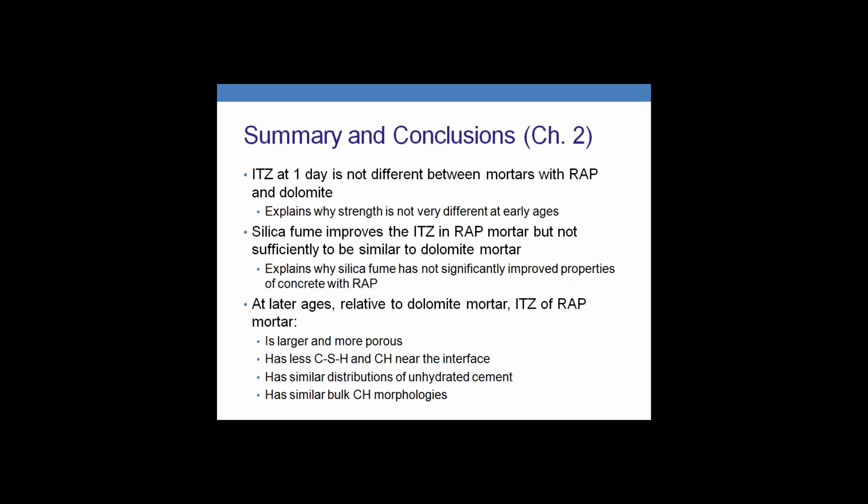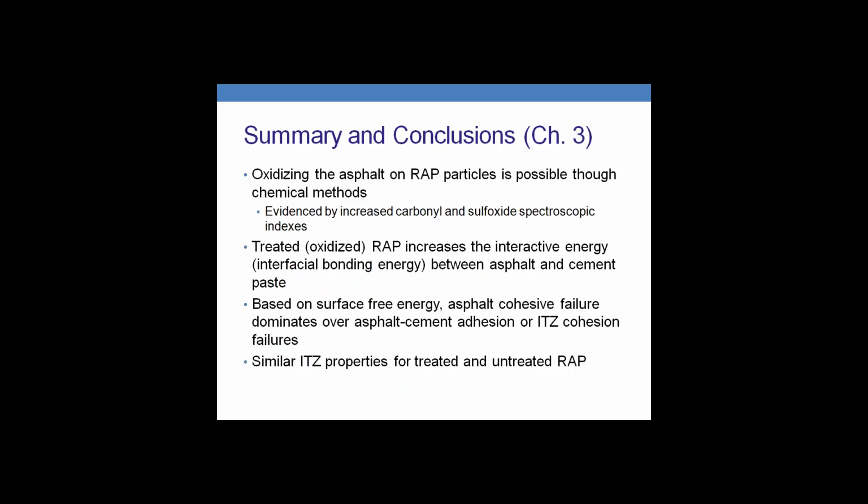So the shape and the orientation of the calcium hydroxide particles are similar. It's the size that might be affected, but we need more data on that to confirm. And again, silica fume, even though we know it improves the ITZ, is having a minimal effect on concrete with RAP.